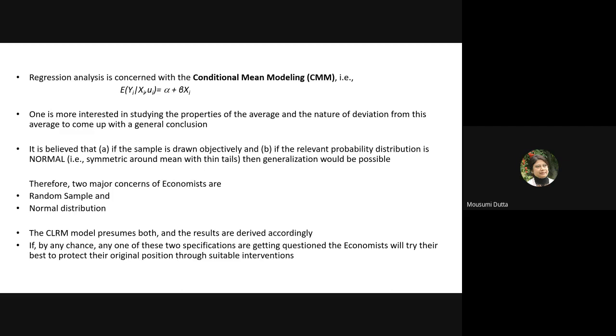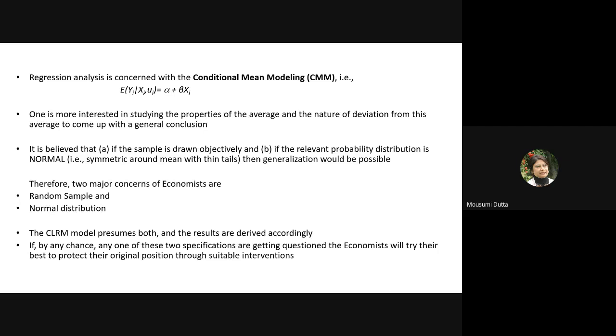Okay, so here our approach is like that. One is more interested in studying the properties of the average and the nature of deviation from this average to come up with a general conclusion. It is believed that, number one, if the sample is drawn objectively, and number two, if the relevant probability distribution is normal, that is symmetric around the mean with thin tails, then generalization would be possible.